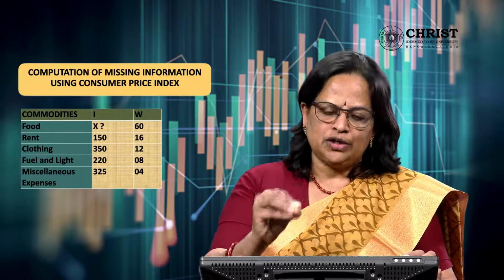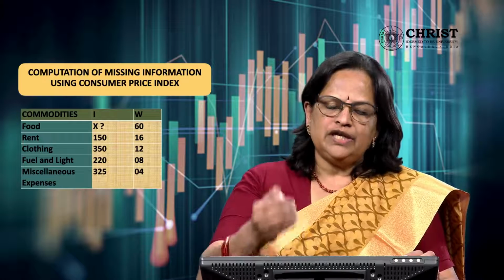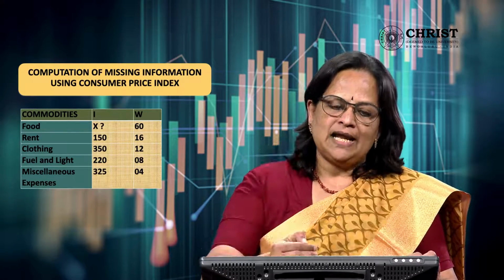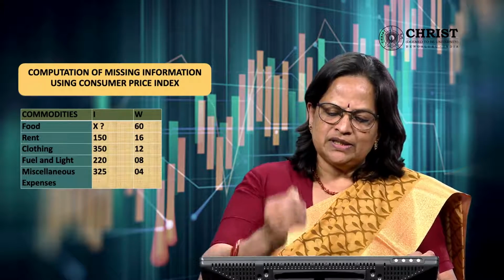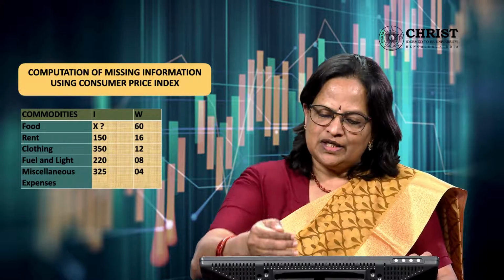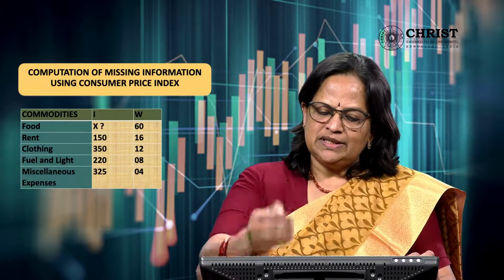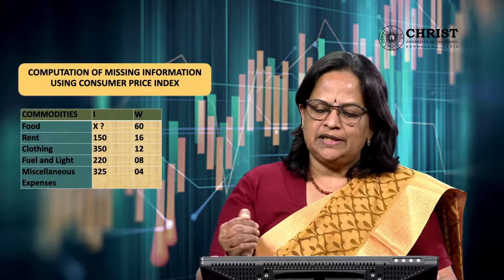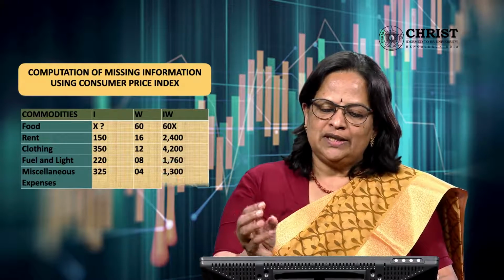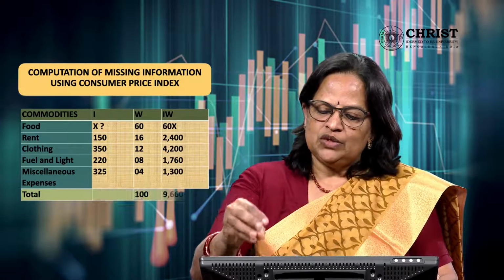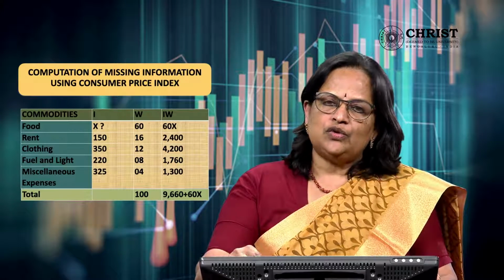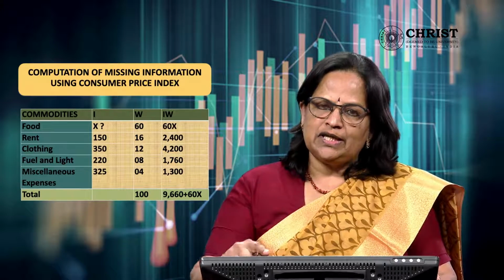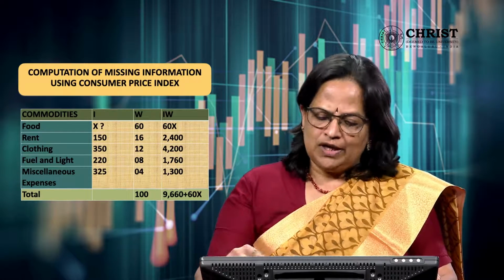That is what we are going to compute. Rent is 150, clothing 350, fuel and light 220, miscellaneous expenses 325. The respective weights given in the question are 60, 16, 12, 8, 4 and the total is 100. So IW values, index values into weights: 60x, 2400, 4200, 1760 and 1300.